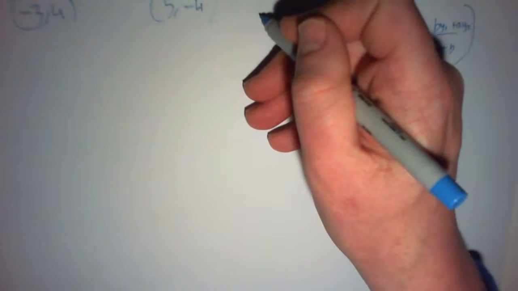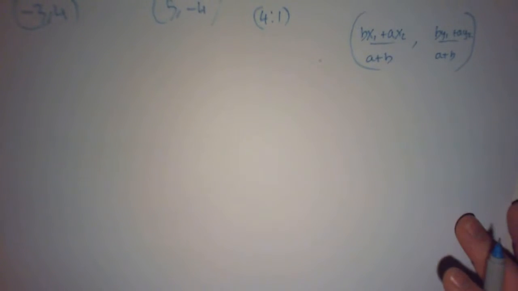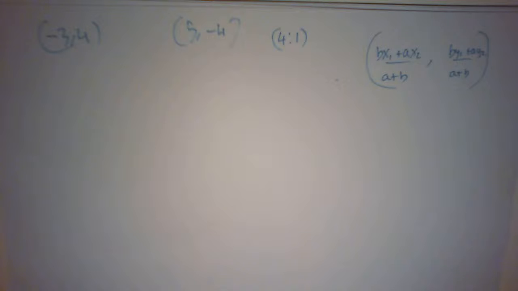And the ratio is going to be 4:1. What I would like you to do now, as usual, I'm going to give you a pause, 3, 2, 1, and then I want you to give it your best shot of working it out. 3, 2, 1, pause.